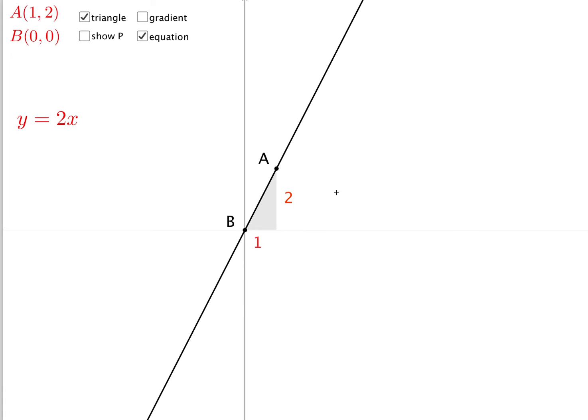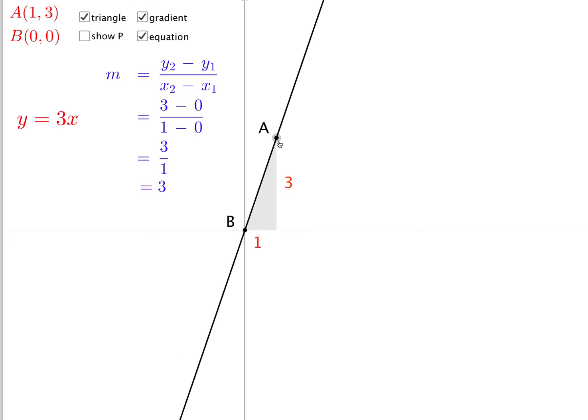If I look at the gradient formula from the first video, it's the y difference over the x difference. 2 minus 0 on the top, 1 minus 0 on the bottom. That gives you gradient 2. There's gradient 3, goes through 1, 3 here. Y difference over x difference. Gradient 3 from y equals 3x.